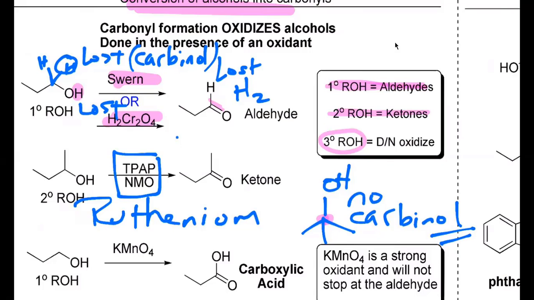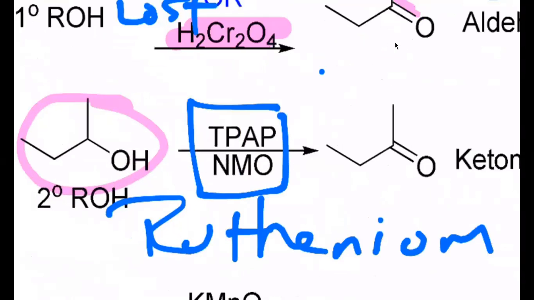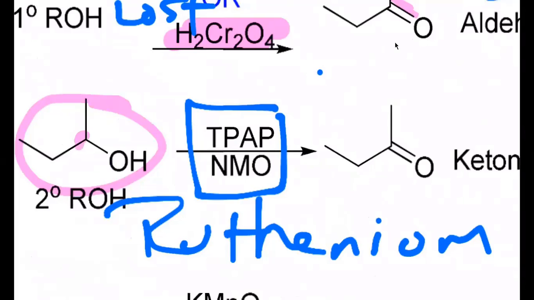So it's a ruthenium catalyst, and it's specific for a secondary alcohol. So if you have a secondary alcohol like this one, how do we know it's secondary? Somebody help me out. The carbon the alcohol's on is not fully substituted. Yeah, the carbon right here, where the OH group is, is a secondary carbon. So it's a secondary alcohol.